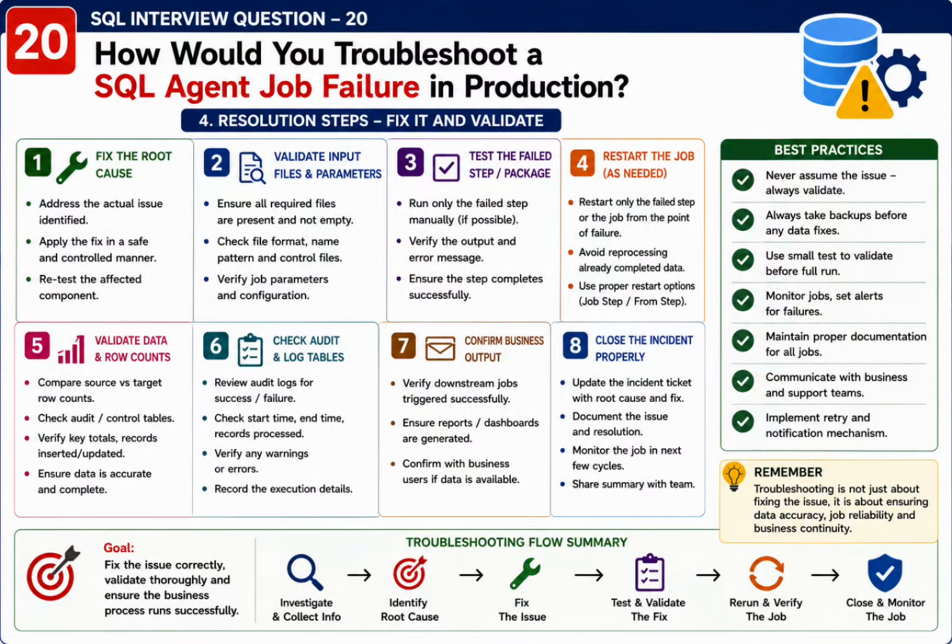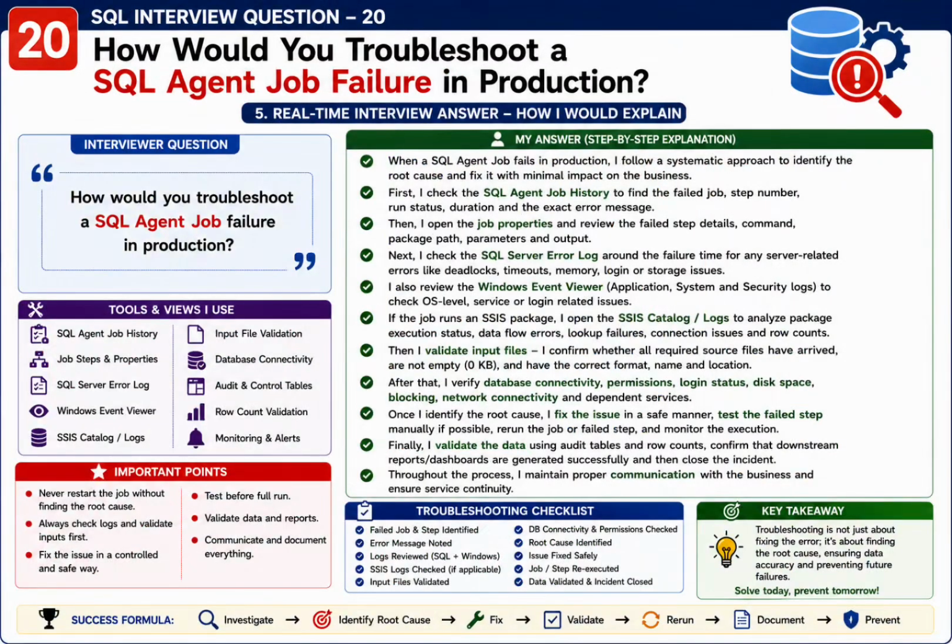Now let's answer this exactly as we would in an interview. If the interviewer asks, how would you troubleshoot a SQL agent job failure in production? When a SQL agent job fails in production, I follow a systematic troubleshooting approach. First, I check the SQL agent job history to identify the failed steps, execution time and exact error message.